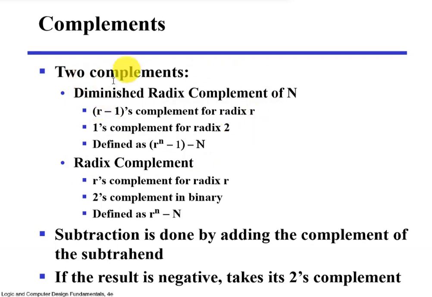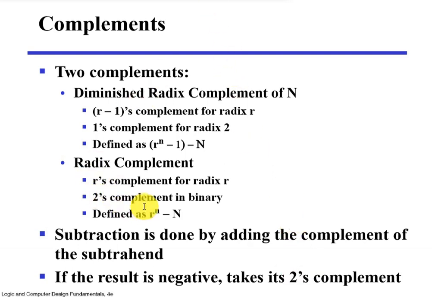The first one is referred to as the R minus 1's complement, while the second one we refer to as the R's complement for radix R. When the value of the base R is substituted in the names, the two types are referred to as the 2's complement and the 1's complement for binary numbers.